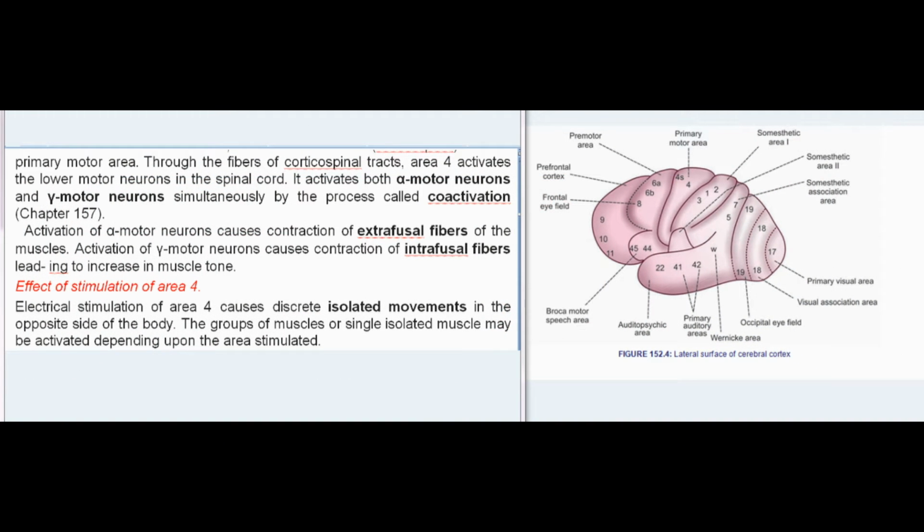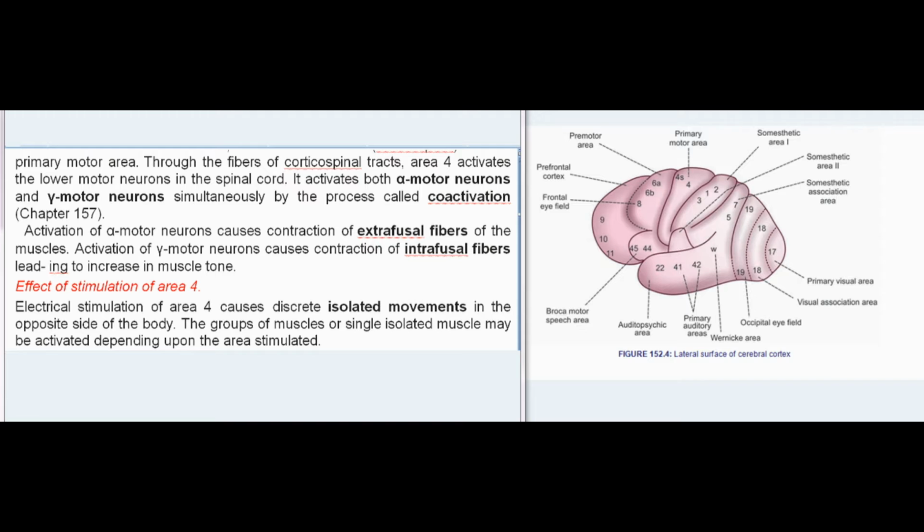Through the fibers of corticospinal tracts, area 4 activates the lower motor neurons in the spinal cord. It activates both alpha motor neurons and gamma motor neurons simultaneously by the process called coactivation. Activation of alpha motor neurons causes contraction of extrafusal fibers of the muscles.